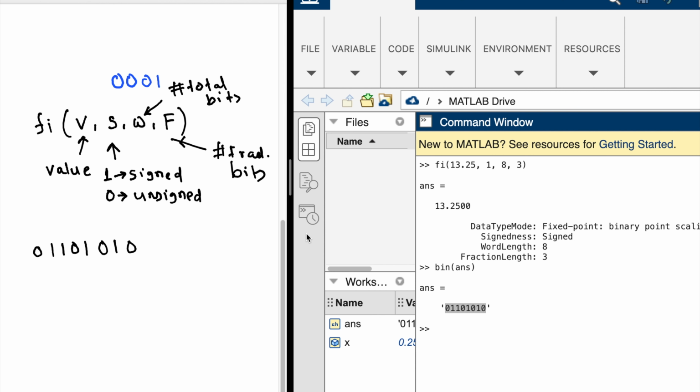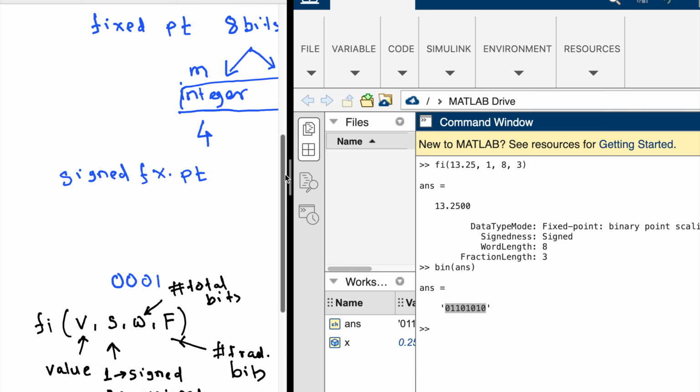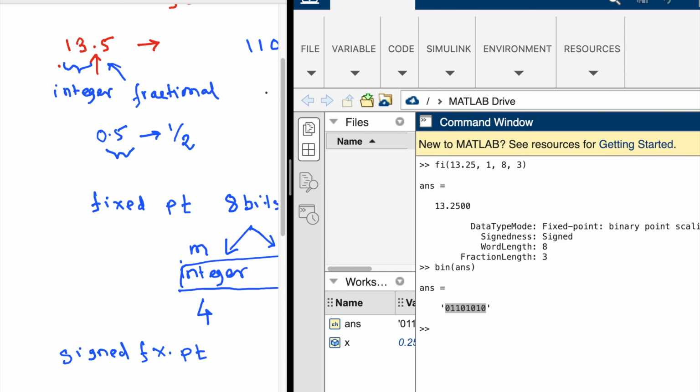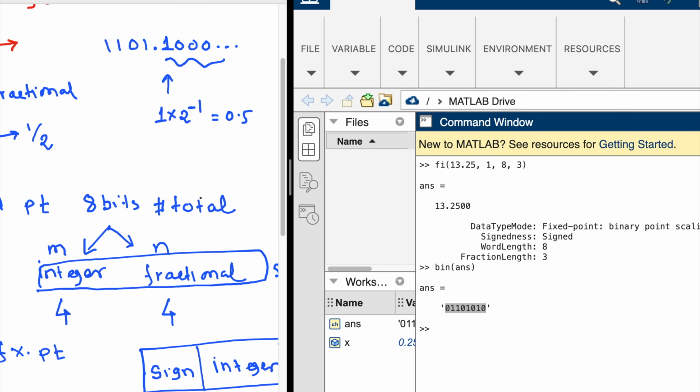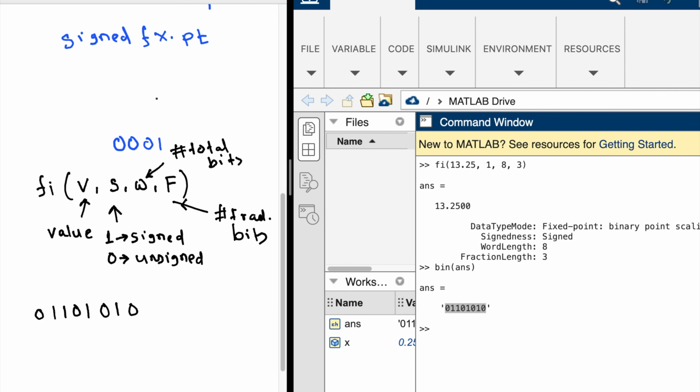I think this is the same number that we got earlier, right? So this is 1 1 0 1 1 0 0, but earlier we didn't fix the number of bits. So this is a fixed number of bits, 8 bits. This is the sign bit: 0 means positive value, 1 means negative value.